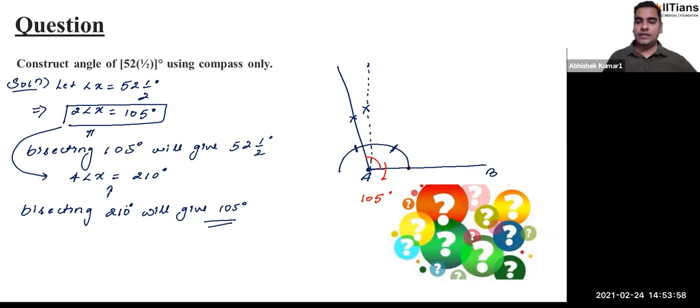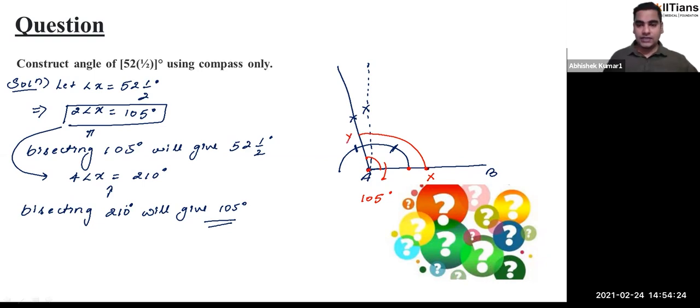So considering A as a center, we have drawn an arc of any radius. I'm taking this as the radius for the better construction. Then assuming this point to be the center, I'm going to call it x, and the second point to be the center, which is y.